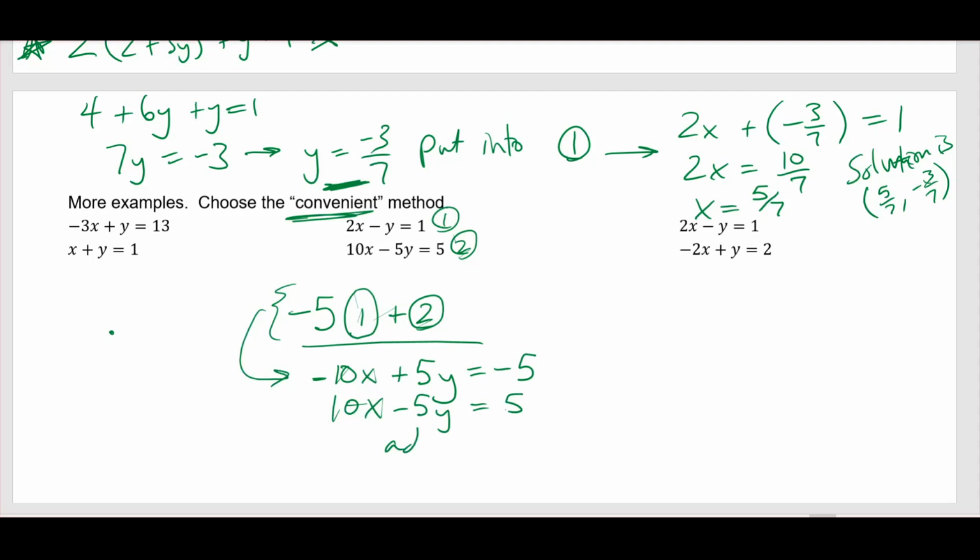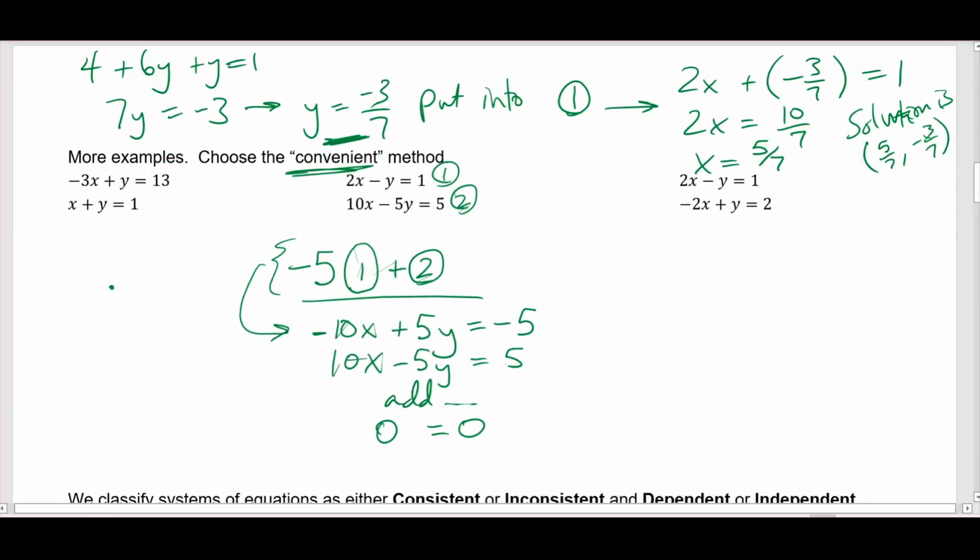And now what happens when we add these together? Well, on the left-hand side, we got 0x and then 0y. And on the right-hand side, we've got zeros again. So what this is going to indicate to us is that there are a bunch of solutions to this.